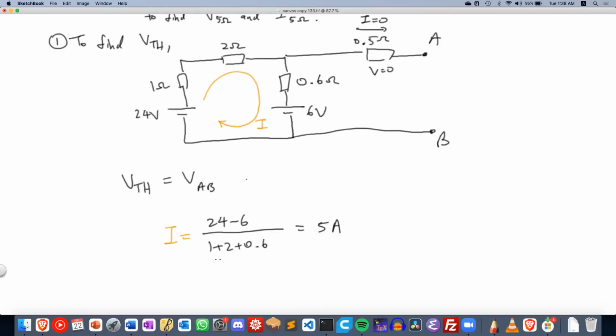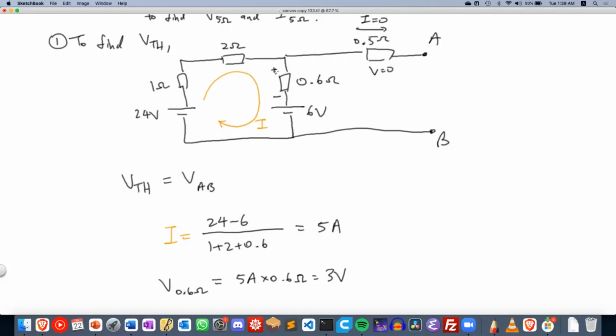Now we know that the PD across the 0.6 ohm resistor is going to be 5 amperes times 0.6 ohms, which equals 3 volts, with the polarity being this, because the current is flowing from positive to negative.